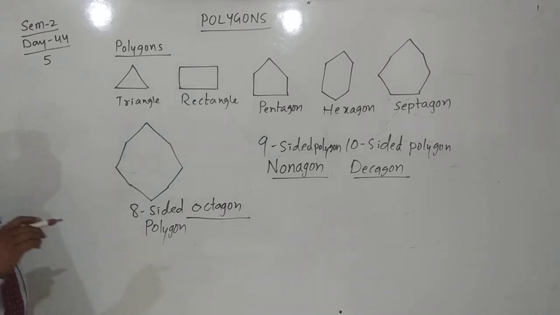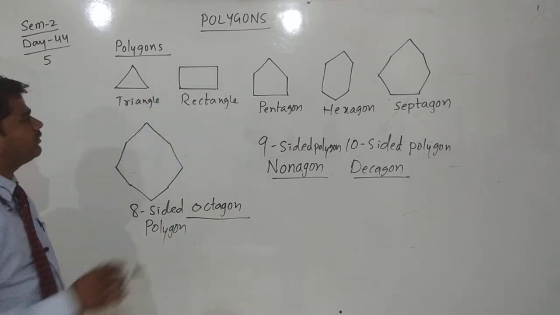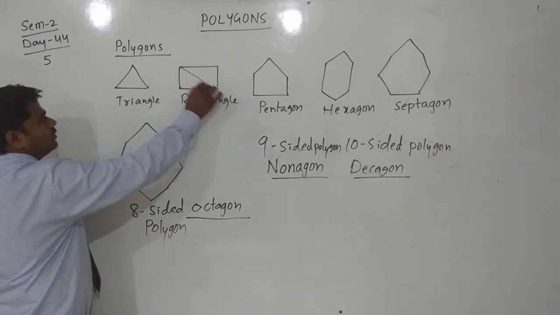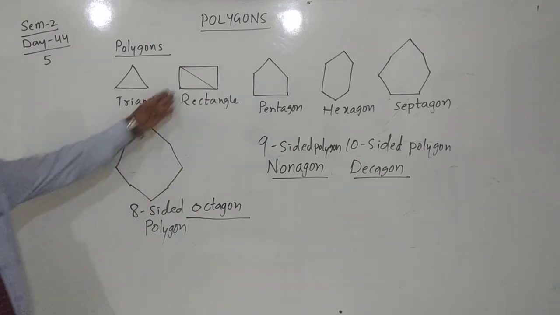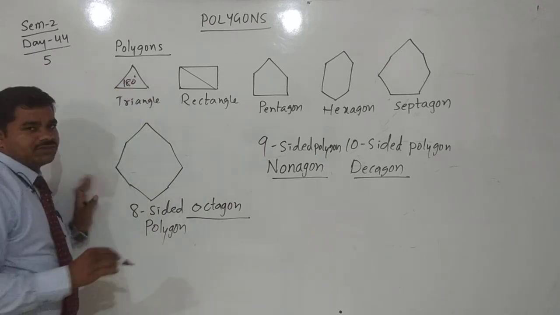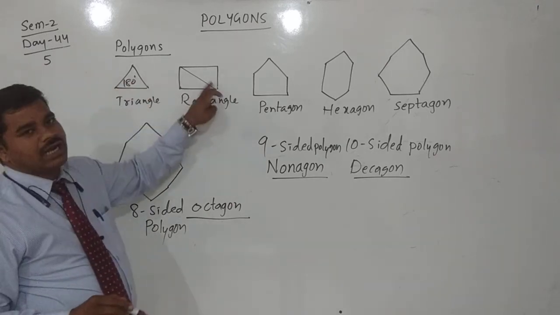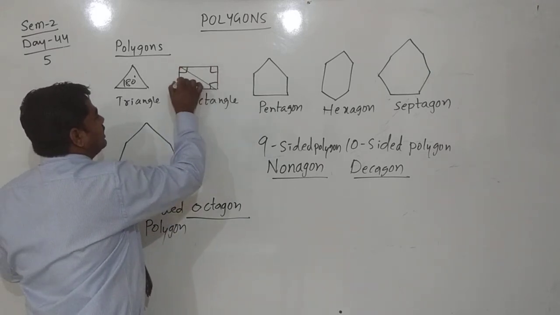For this rectangle, cutting along the opposite vertices, we can cut it into 2 equal triangles. Each triangle's angle measure is 180 degrees. Here all 4 angles are 90 degrees: 90, 90, 90, 90.